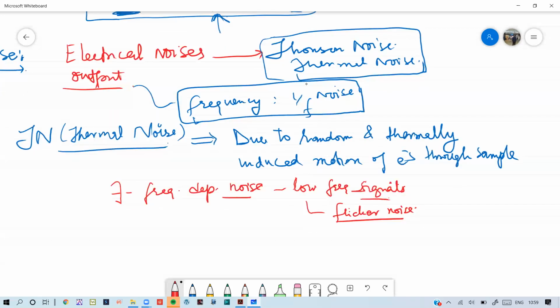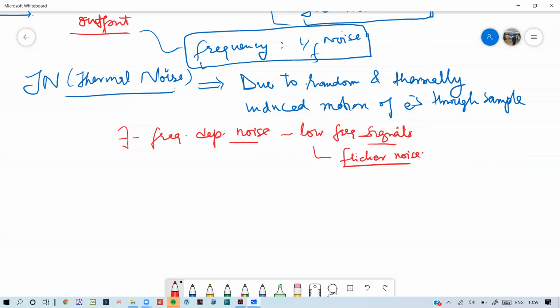So this Johnson noise or the thermal noise limits how small a signal can be recovered from its output. That means if there is noise, the output signal may be distorted or disturbed, and small signals are difficult to measure in that noise.